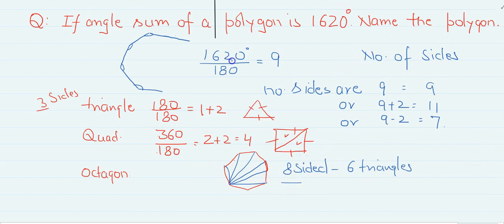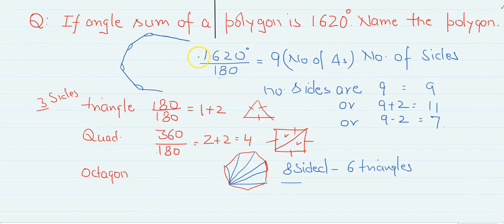Now in this question, the angle sum was 1620. By dividing it by 180, we know how many triangles there are.